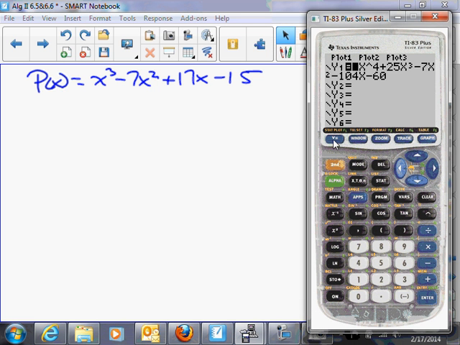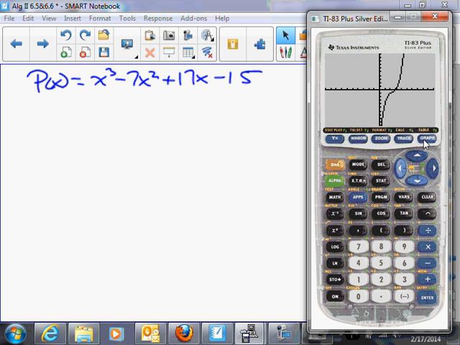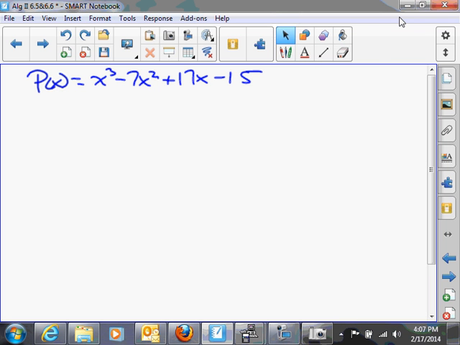And so what we're going to do is we're going to put this polynomial in there, x cubed minus 7x squared plus 17x minus 15, and we'll graph it. And notice it looks like there's a zero at 3. So let's go ahead and act as if there is a zero at 3.